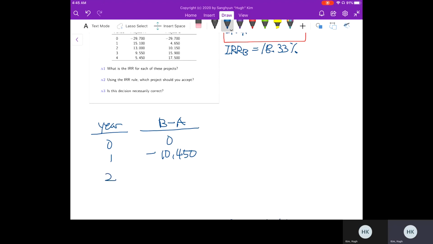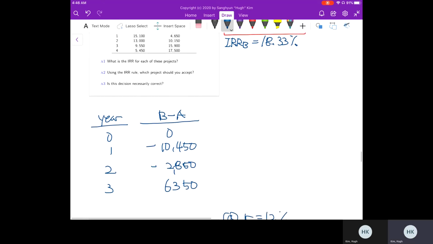And in year 2, the difference between the cash flows is negative 2,850. In year 3, the difference in cash flows is 6,350.